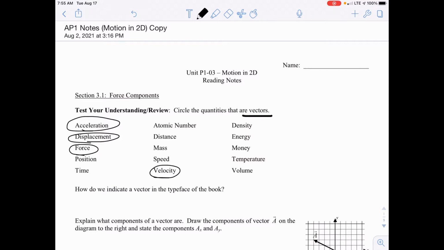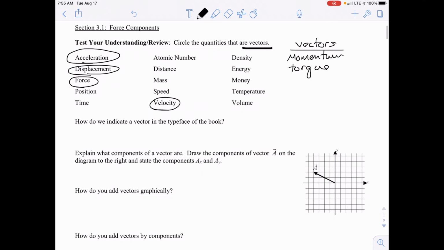Now, 2 other vector quantities that are not on this list would be momentum and torque. How do we indicate a vector in the typeface of a book? Well, 2 ways really.